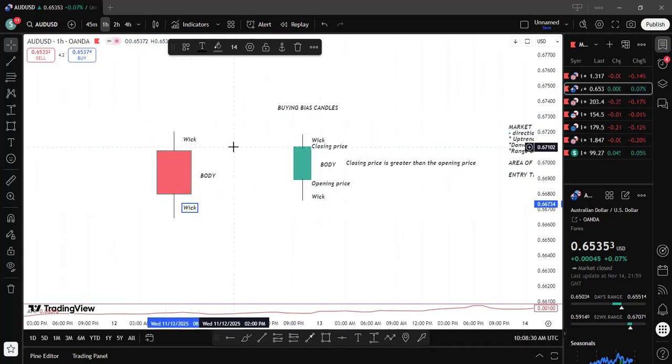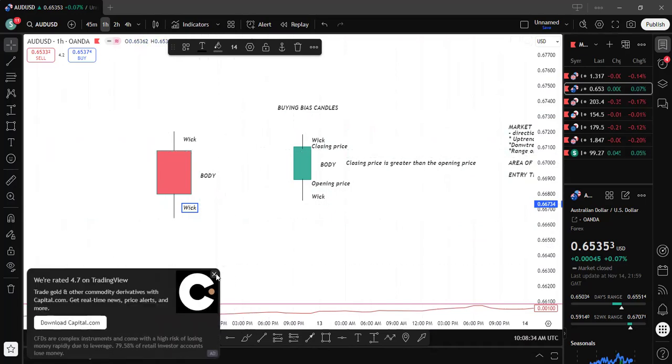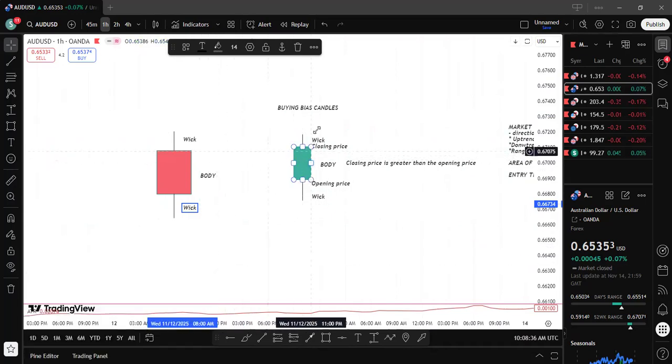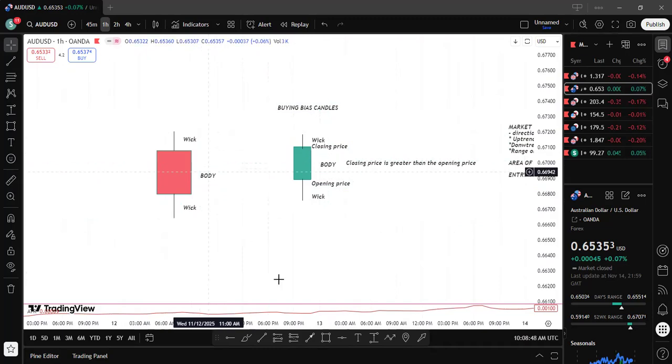The only difference between a bullish and a bearish candle is that the opening price of the bullish candle is below the closing price, which is greater than the opening price. But in a bearish candle, this point now becomes the opening price.